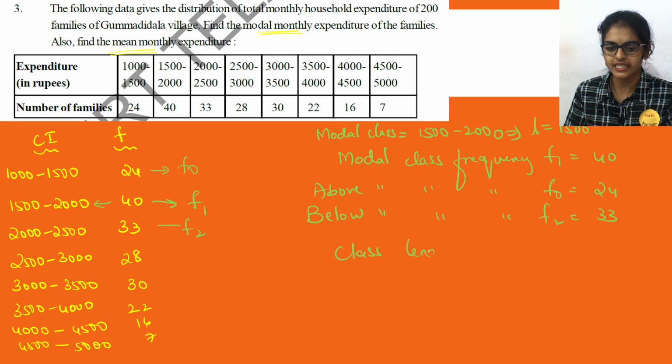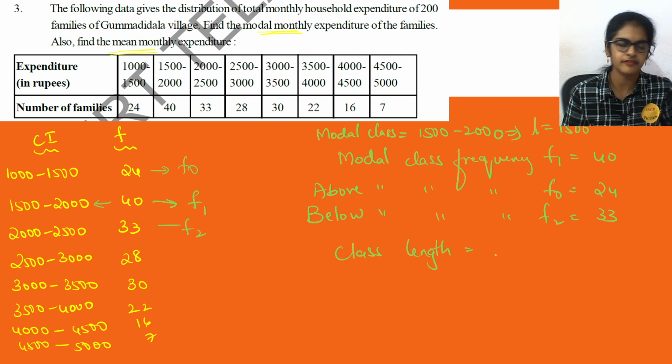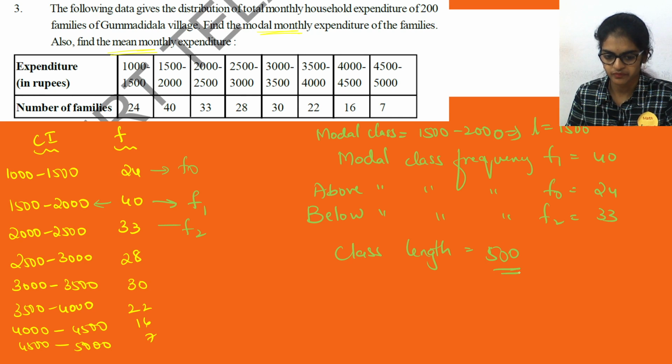Class length or the class size is 1500 minus 1000, which gives you 500. So let us substitute in the formula now.